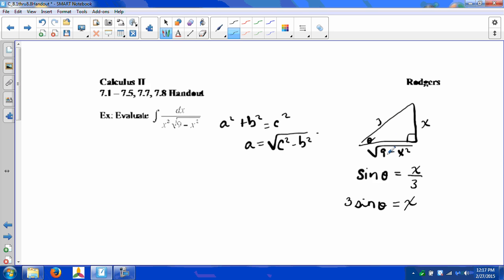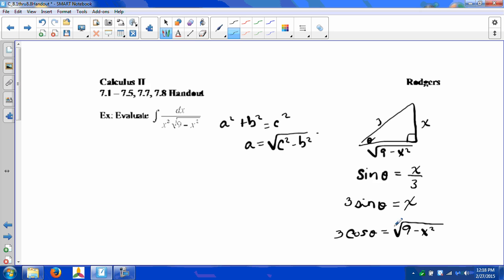So this is adjacent over hypotenuse. So then that would be cosine of theta equals the adjacent over the hypotenuse. Instead of writing over the hypotenuse, I'm going to write times the hypotenuse here.